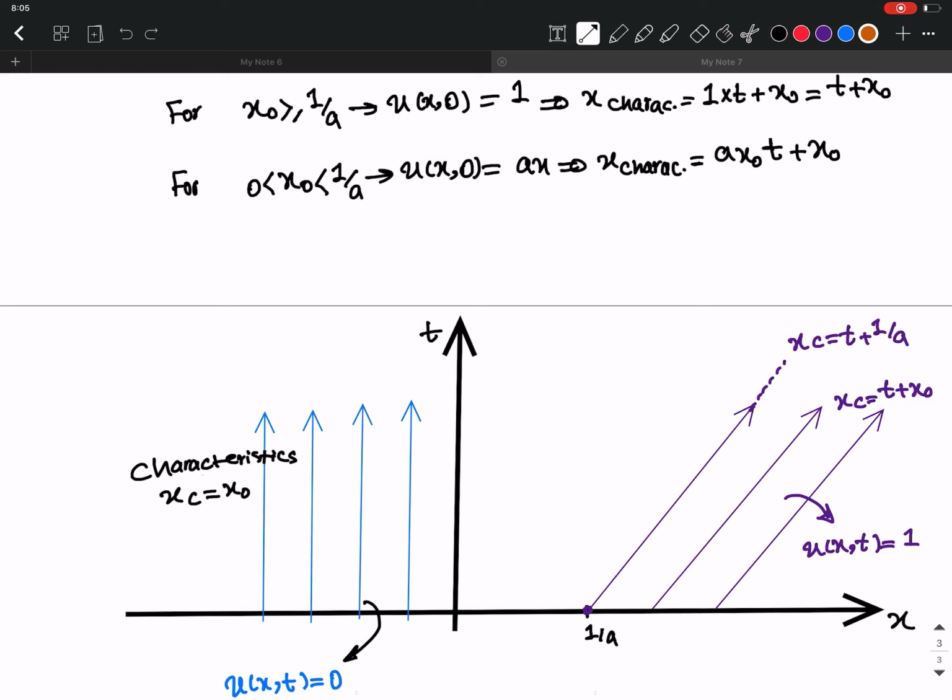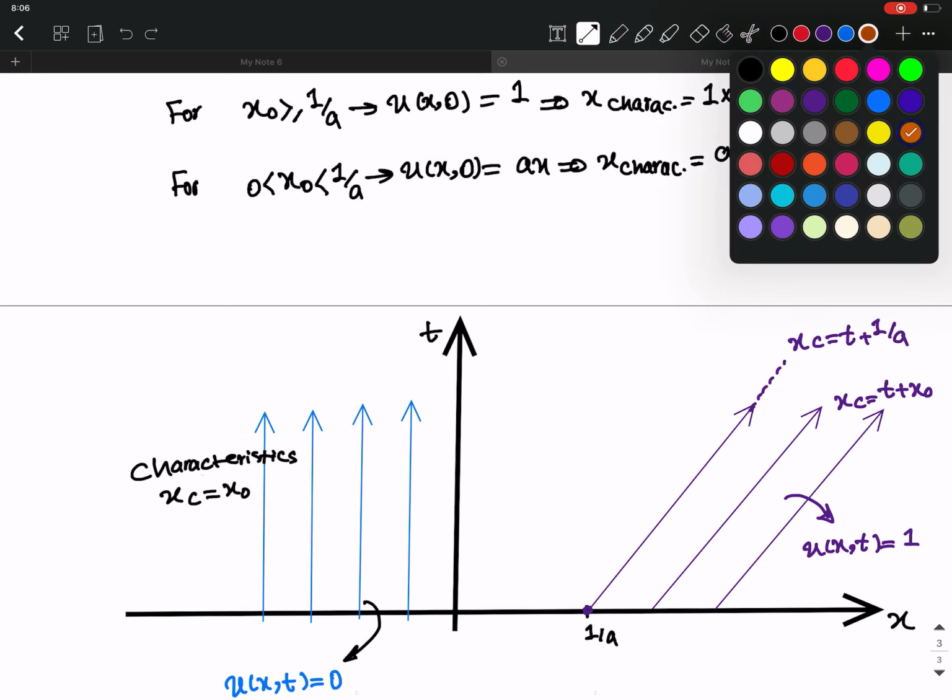In between, it's just going to vary from the infinite slope here to this. So it's going to be something like this, right? Let me draw it with another color.